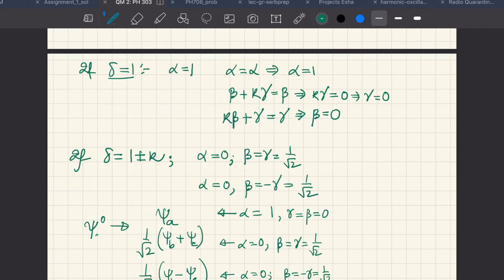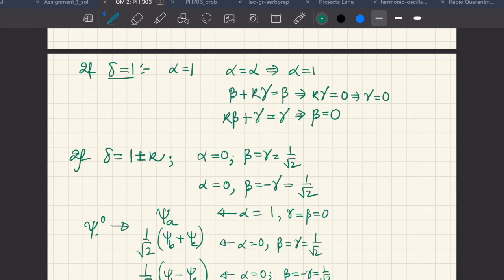But now let me tell you one thing. Could you have guessed these results by noting that there exists an operator which will commute with H1? If you can guess that, then this whole calculation would have been even simpler.